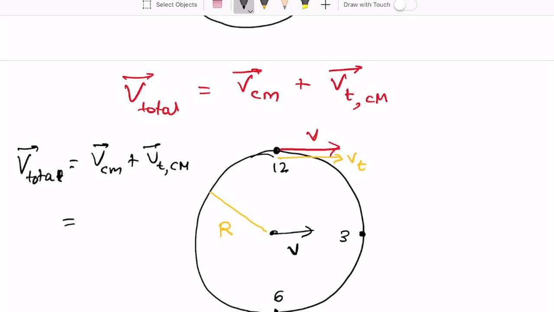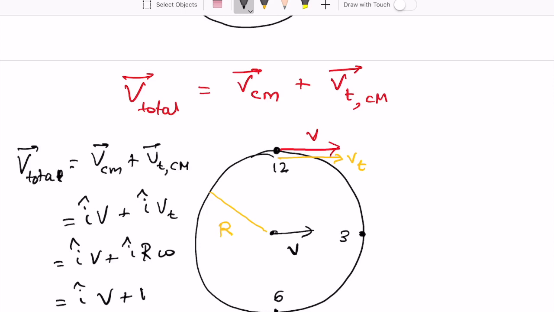So the velocity of the center of mass would be i hat multiplied by V. And the tangential velocity relative to the center of mass would also be i hat multiplied by V tangential, because they're both in the i hat x direction. And what is V tangential? It's just going to be R omega. So it's going to be i hat V plus i hat R times omega. So it's i hat times V plus R omega. That's the total velocity of the 12 o'clock point. I'll just write that as V12 for short. Can you do V3?